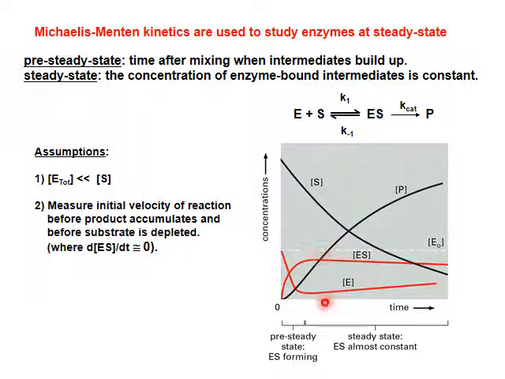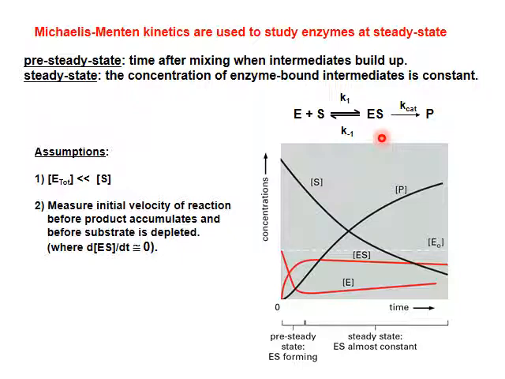We reach what we call a steady state. In other words, the change in the concentration of ES over time is 0. We don't see a change in its conversion. It gets to a point where it's forming, and it's going back. So you get to a point, it's not an equilibrium now, because it's a dynamic thing going.